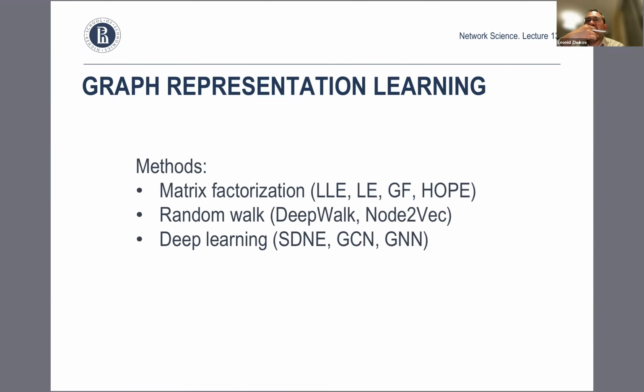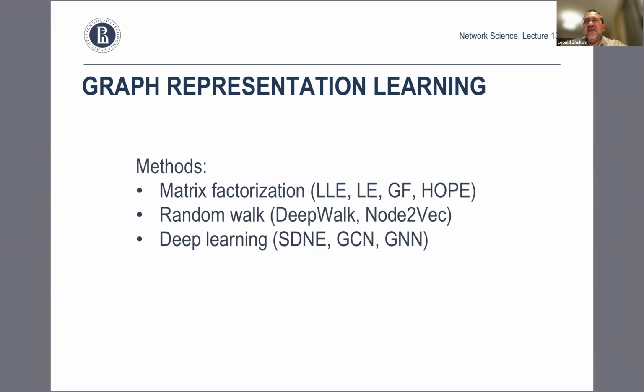So you can think of three different classes of methods for graph representation learning. One is where we deal directly with matrices, right? It operates on the matrices, forgetting that the matrices came from the vectors, just looking at the matrices.